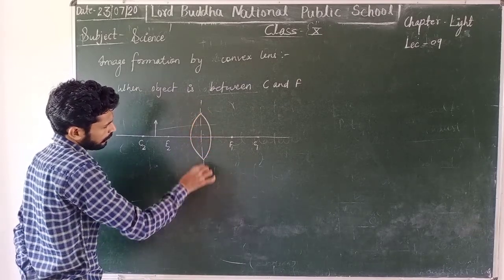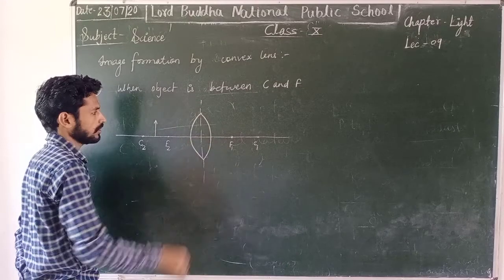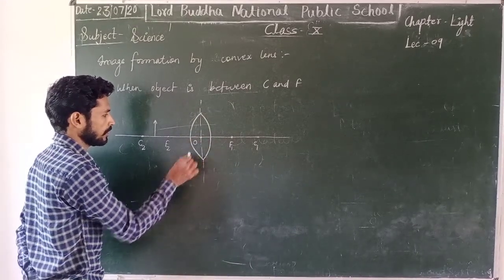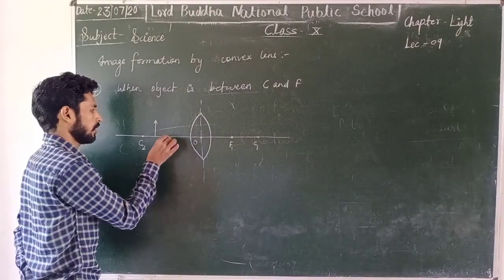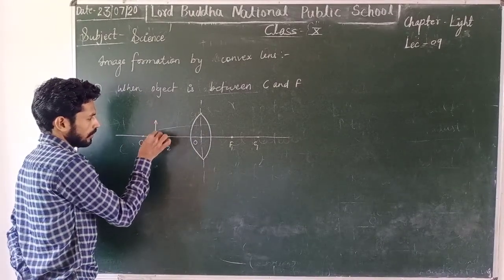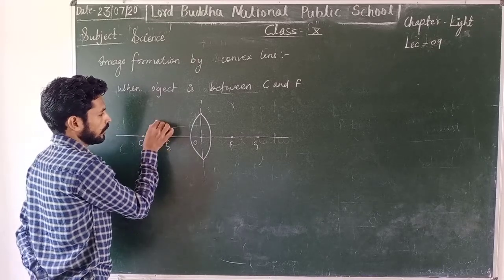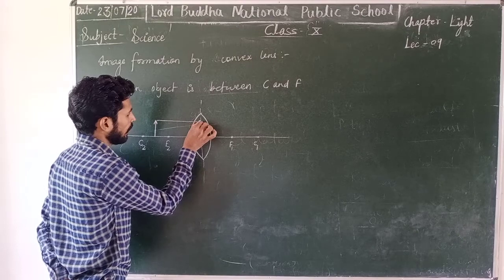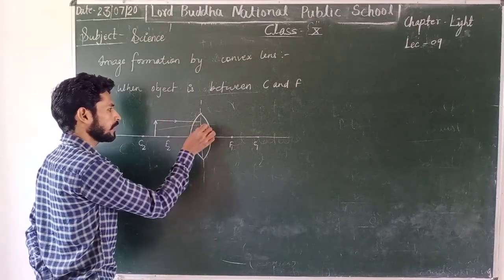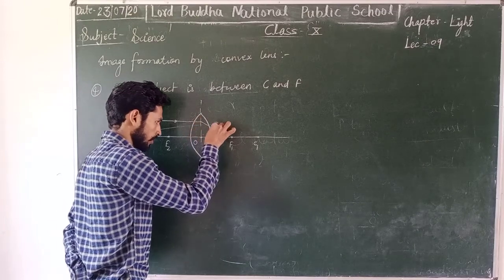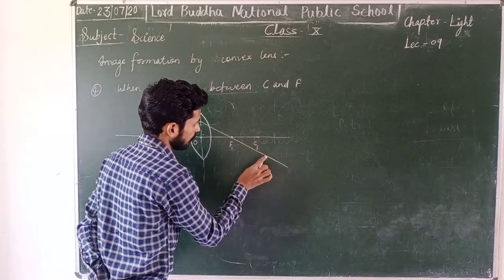You know very well this plane is the optical plane and this point is known as optical center O. Now if there is an object, the ray of light going parallel to the principal axis, after the refraction passes through the focus of the lens.